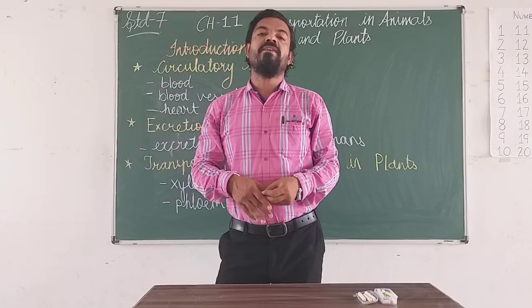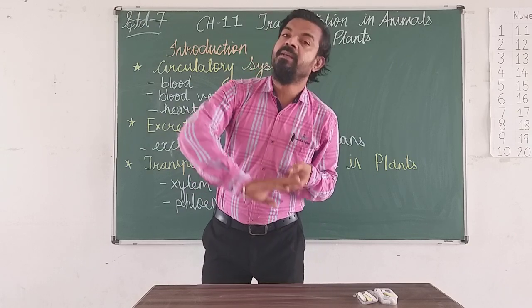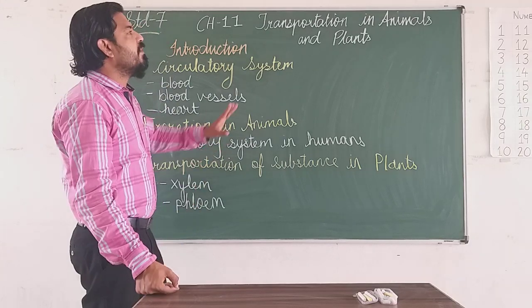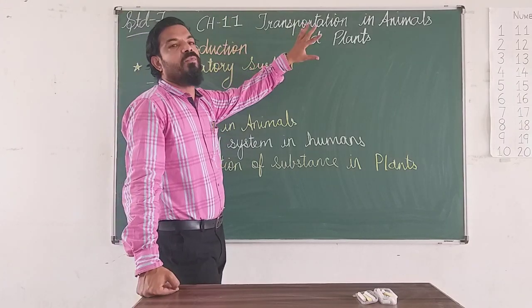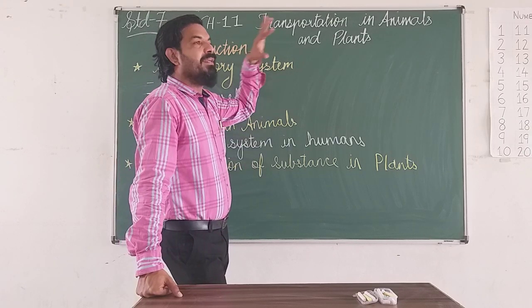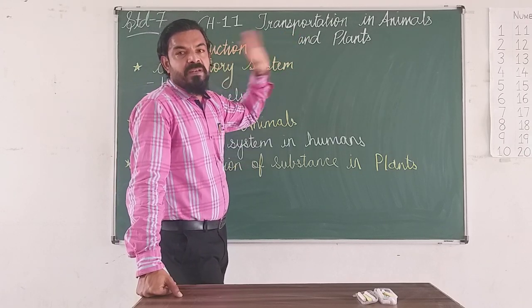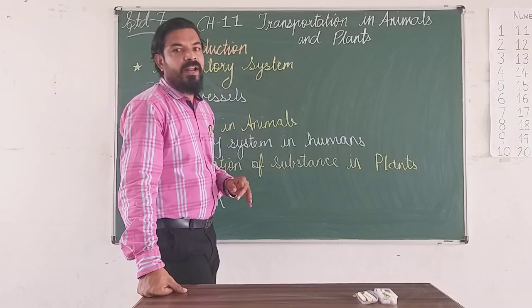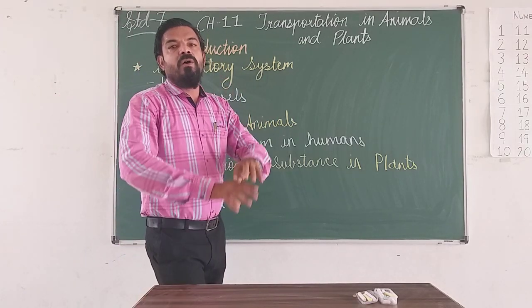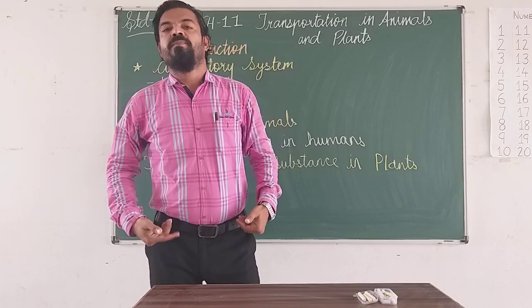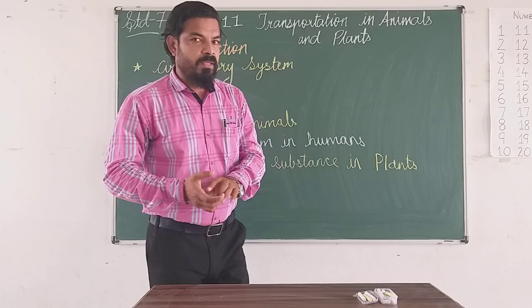That is called the transportation of that material. Understand? So, in this chapter we understand the transportation of material or any kind of minerals, any kind of vitamins, transported to all the parts of the body, all the parts of the organism. So, this is called transportation.